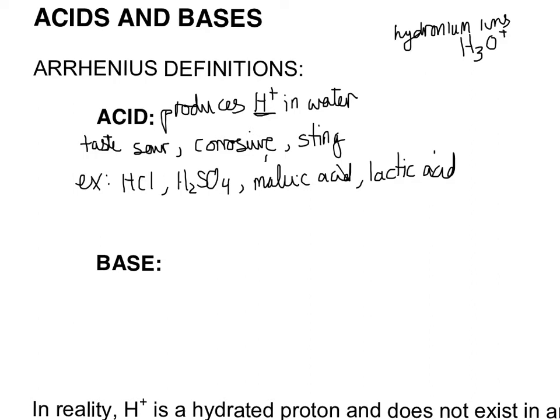Next is Arrhenius bases. So according to Savante Arrhenius, a base is a substance that produces OH minuses when you add them to water. Some of the properties, they taste bitter.